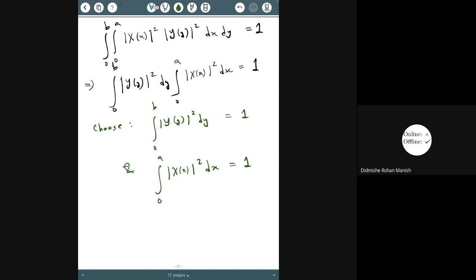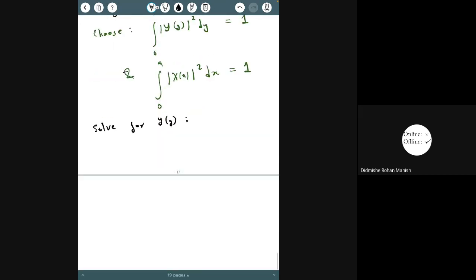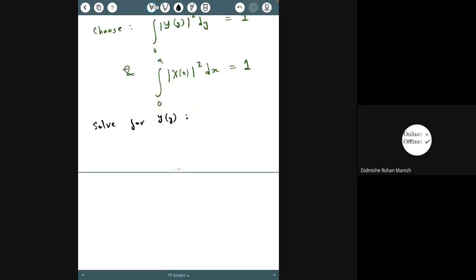Anyway, 1D, fine. So this is this. Now what remains is to solve for Y of y. So let's now solve for Y of y. My equation was minus k square minus Y double prime over Y equal to minus lambda square.